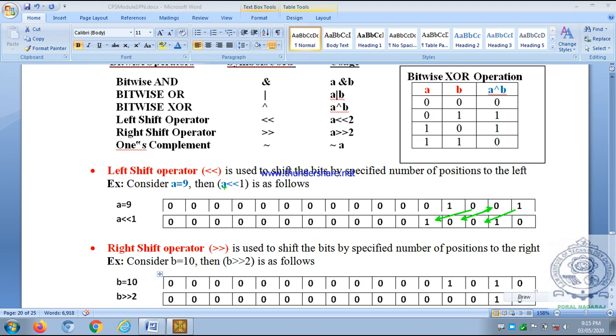So that is left shift by 2 positions. So the left shift operator is nothing but two less than symbols.